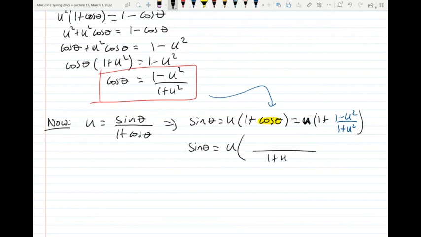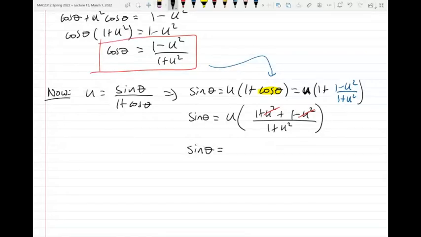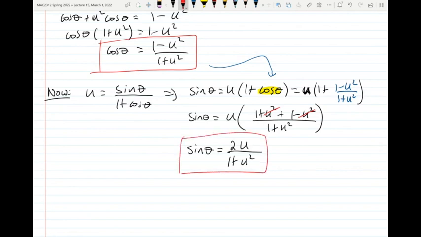Combining this, I'm going to get (1 plus u squared plus 1 minus u squared) over (1 plus u squared). I'm just adding these two. The u squares are gone, and we have a 2 on top. Distribute the u, so we get that sine is 2u over (1 plus u squared). So my cosine was written in terms of u, my sine is written in terms of u. Okay?